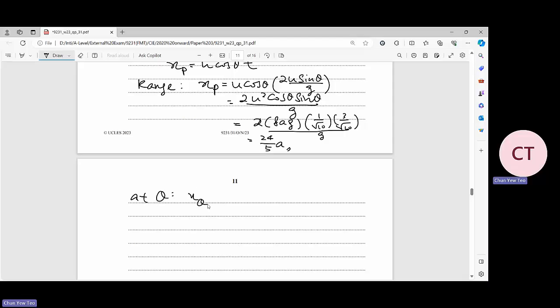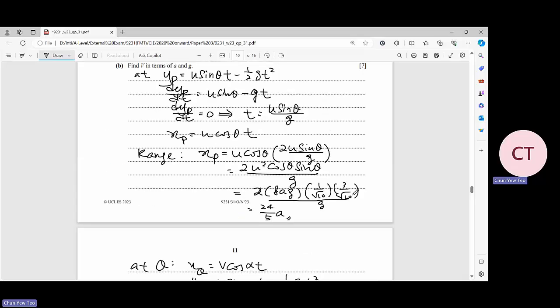we have XQ equals V cos alpha T, and YQ is V sine alpha T minus a half GT squared. The time that the Q will travel is this much. Q needs to travel this much time because when P is at the highest point, P still needs to travel this much to land, but Q just needs to spend this much time to land on the ground.